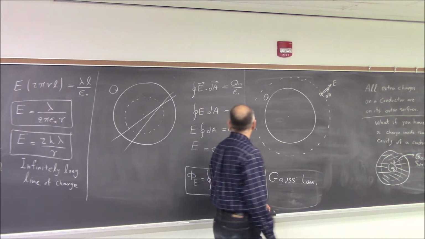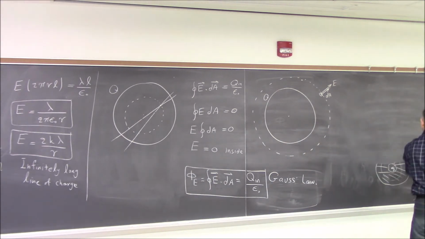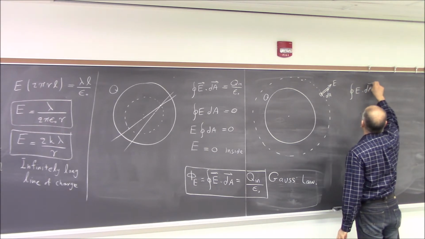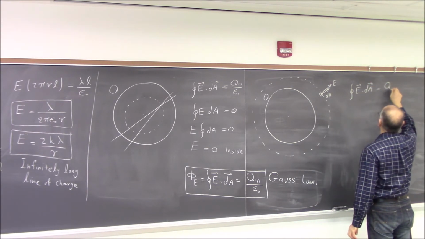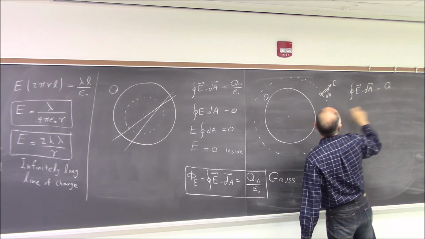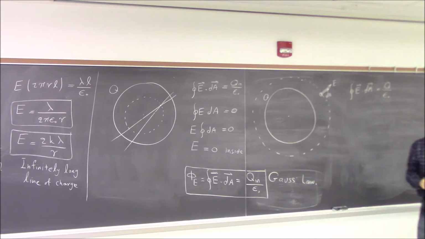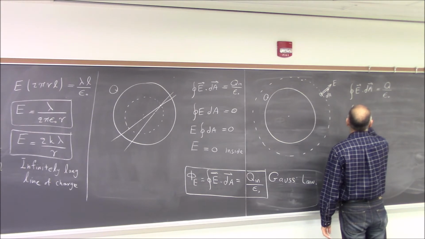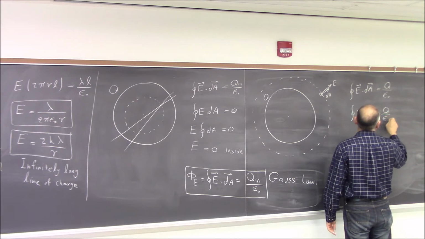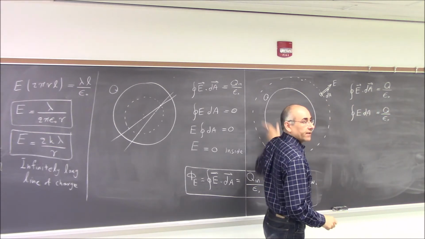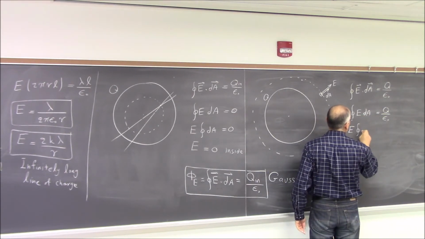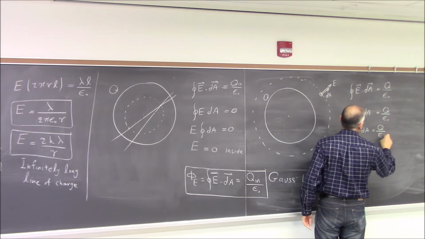And then, again, you say the integral of E dot dA equals Q inside, which is the total charge here, divided by epsilon naught. And then you say E and dA are in the same direction, so it becomes the integral of E times dA, magnitude only. And then E is the same everywhere on the surface, so E comes out, becomes E times the integral of dA is Q over epsilon naught.